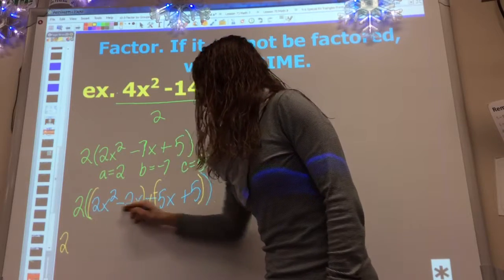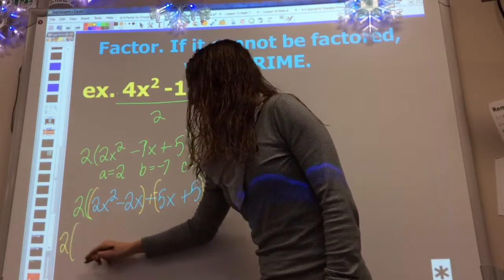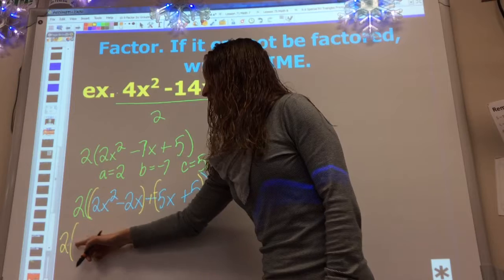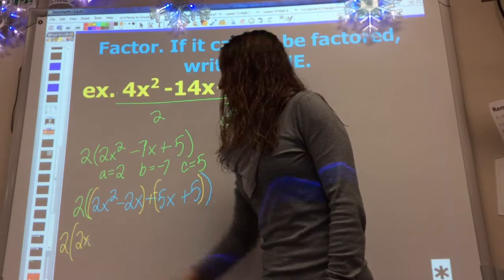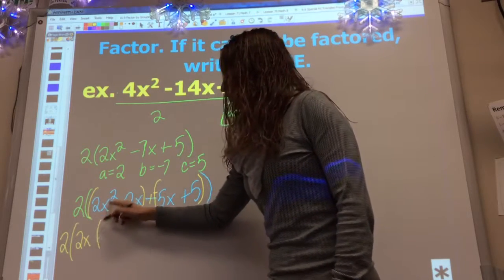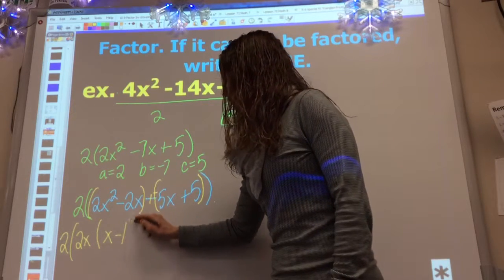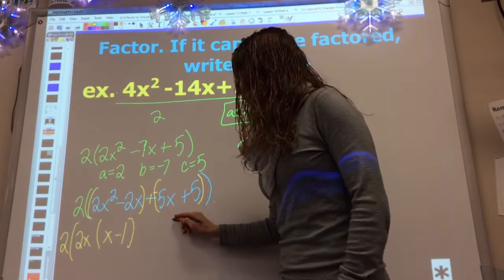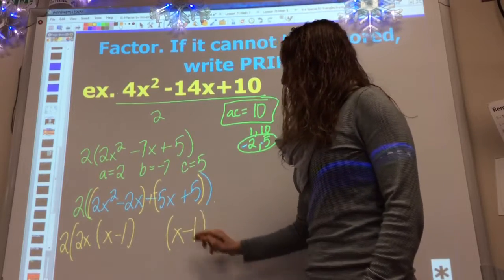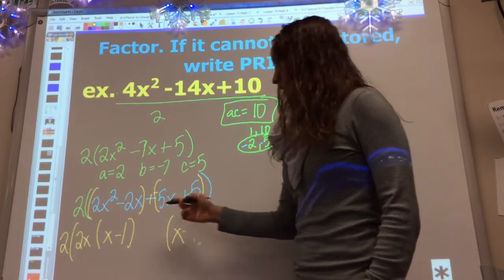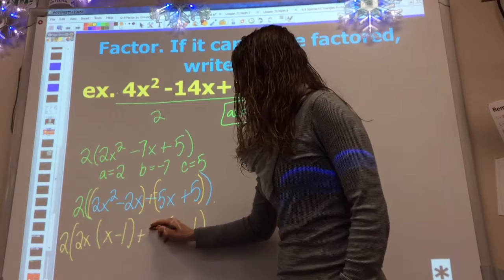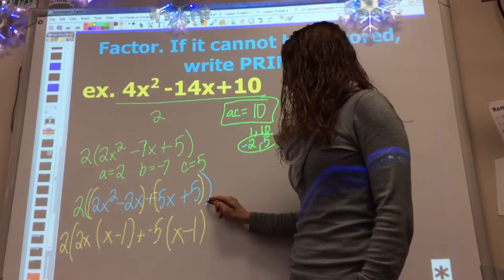What comes out of this first group? 2x. And if you need 2 sets of parentheses, that's okay. What's 2x squared divided by 2x? x, and we're going to get minus 1. Very good. Now, we want our second group to also be x minus 1, don't we? So we just have to factor out a negative 5.